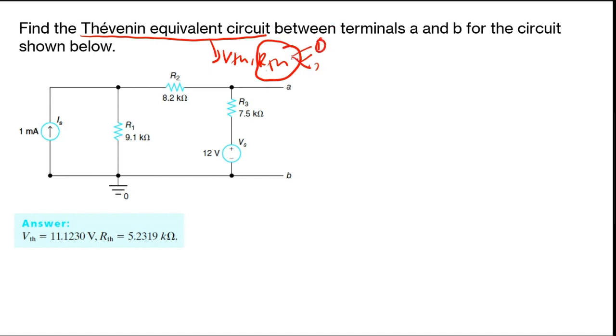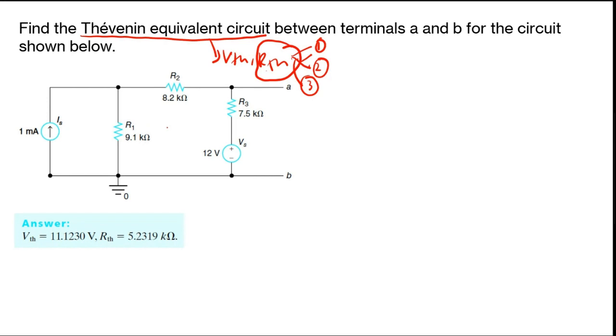You have method 1, method 2, and method 3. So what method can you use in calculating your Thevenin resistance, guys, from this circuit? What method can you use if you have a circuit like this, whether method 1, method 2, or method 3?